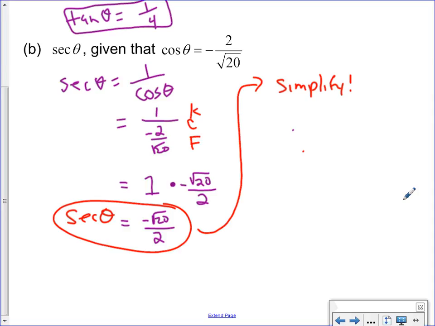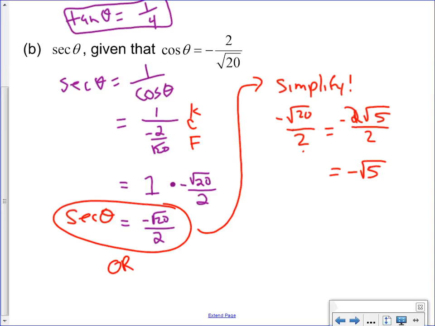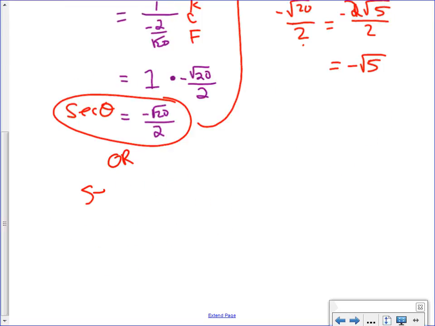Negative square root of 20 over 2 is the same thing as negative 2 root 5 over 2. The 2's cancel out. So this is the same thing as just negative root 5. So you can also write that the secant is equal to negative root 5. Those are the same things.